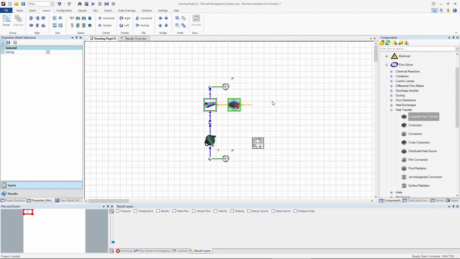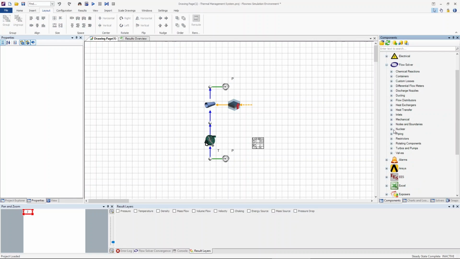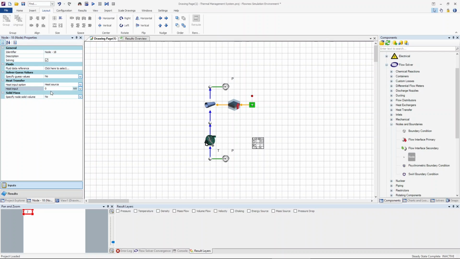It's always better to work in a much neater network. We can then also add a node for this point here. So essentially the heat being generated in the fuel cell will be added to the thermal management system here. Let's say just 500 watts in this case.